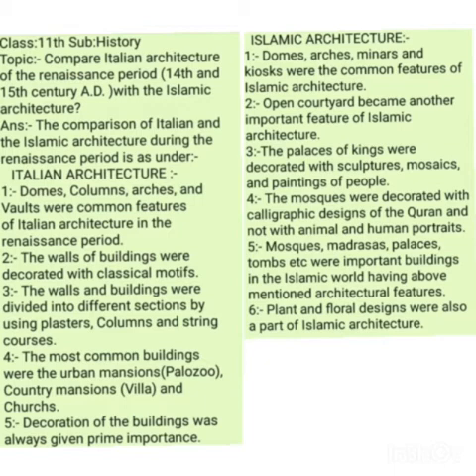Mosaics means a picture or pattern produced by arranging together small pieces of stone, tile, glass, etc., and paintings of people. Simply, the palaces of the kings and great rulers were decorated with the help of sculptures, mosaics, and paintings of people.